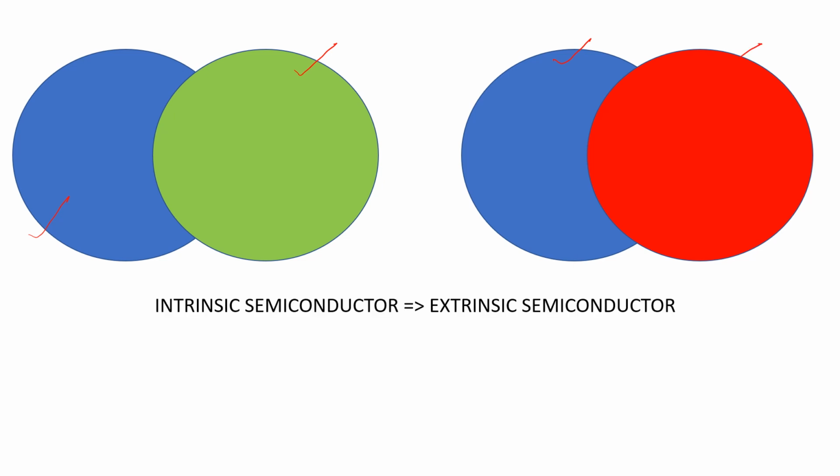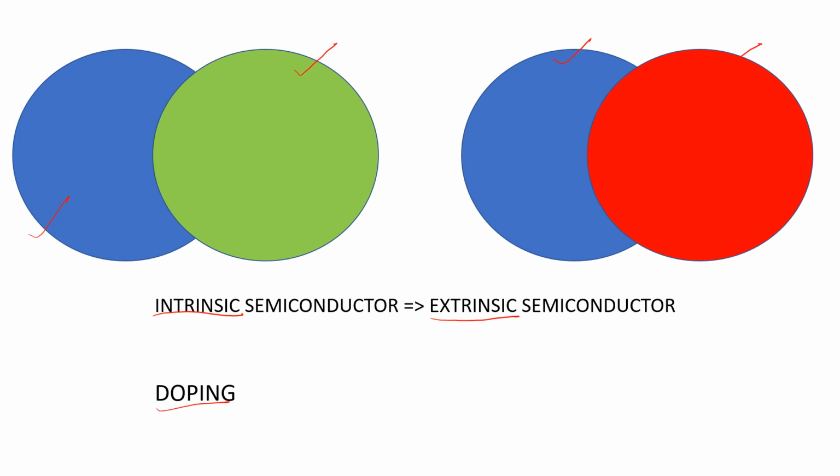Now let us introduce this pure semiconductor to a pentavalent atom and another pure semiconductor to a trivalent atom. Now what happens? This converts the intrinsic semiconductor to an extrinsic semiconductor. This process is called doping.